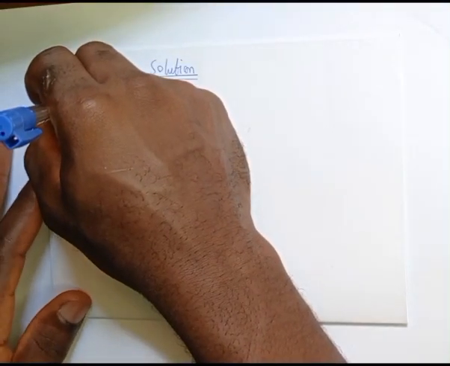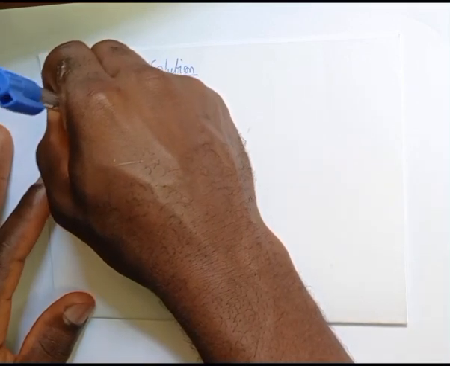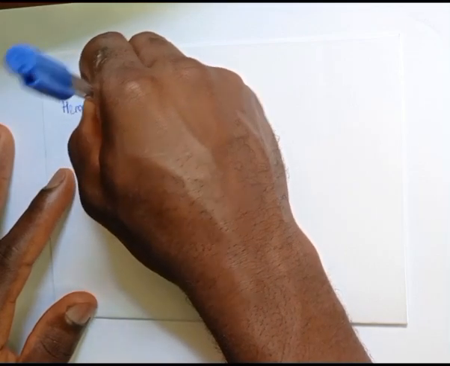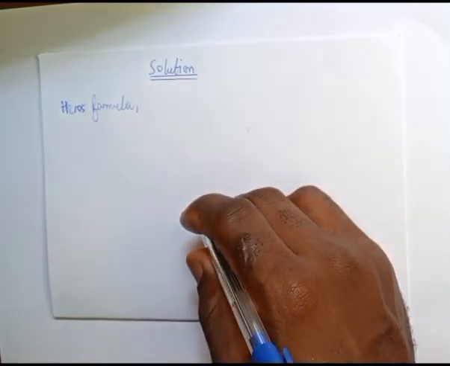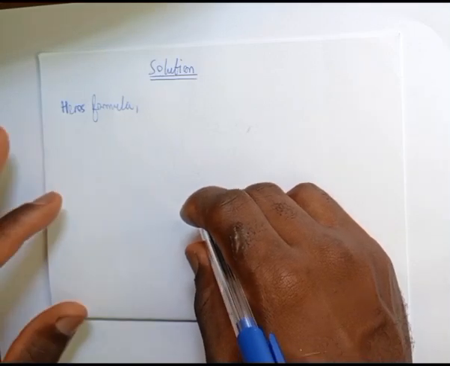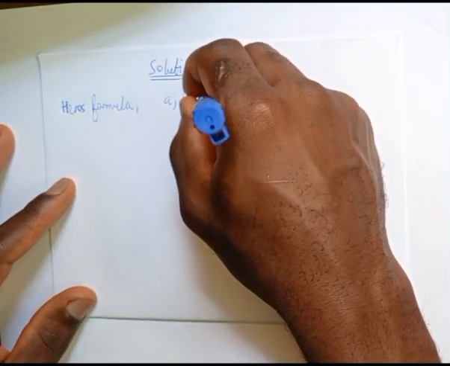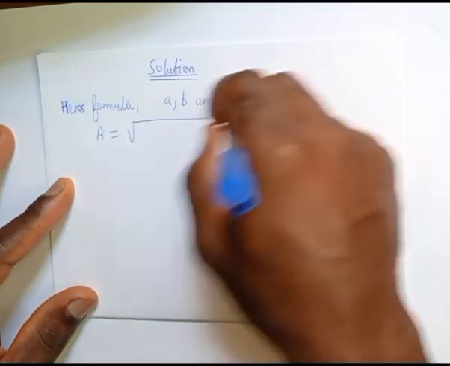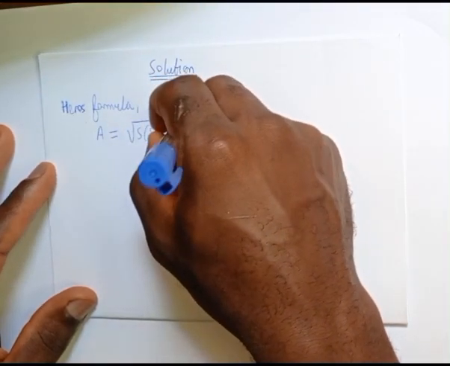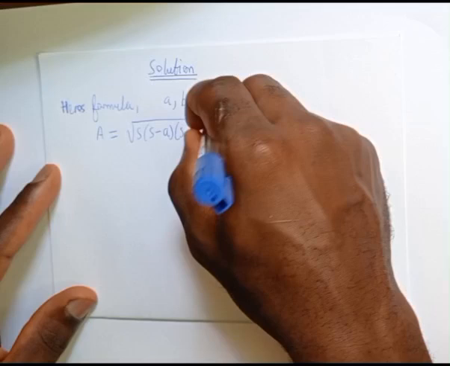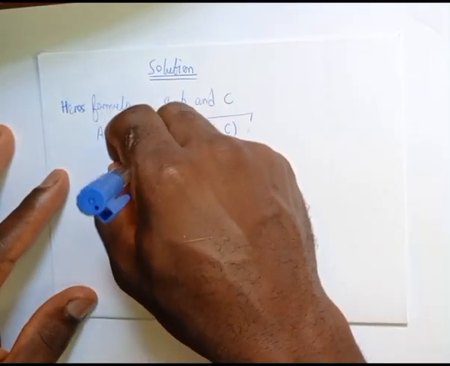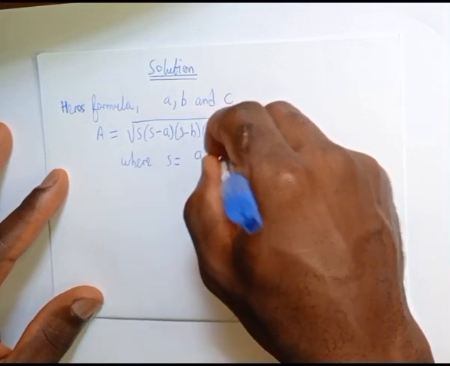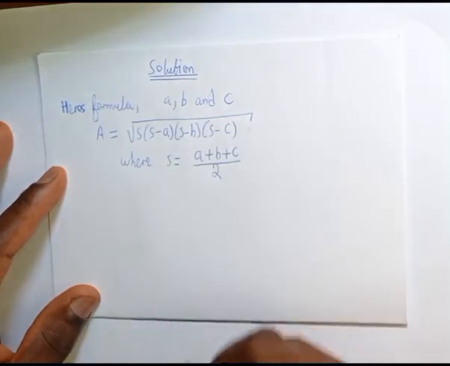Hero's formula states that for a triangle with the three sides given as A, B, and C, the area of the triangle is simply the square root of S times S minus A times S minus B times S minus C, where S is the semi-perimeter which is given by A plus B plus C, divided by 2.